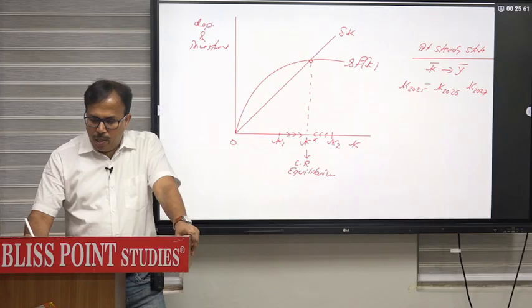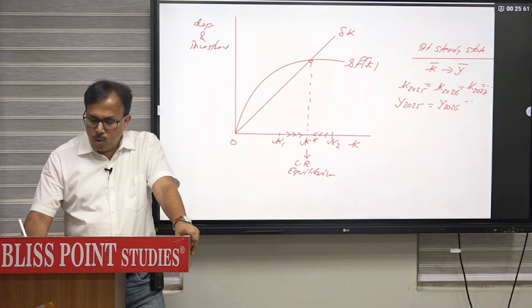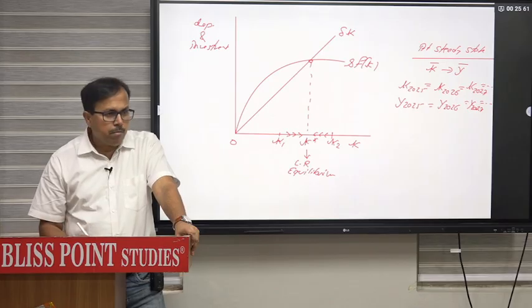So K will remain the same for all the years. Similarly, Y for 2025, 2026, 2027, all will remain the same.